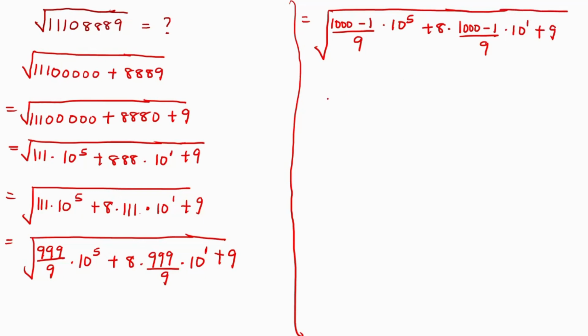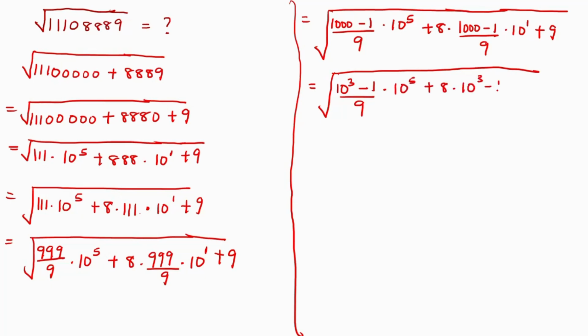Let's put in our square roots. This can be written as 10 raised to the power of 3 minus 1 over 9 multiplied by 10 raised to the power of 5, plus 8 multiplied by 10 raised to the power of 3 minus 1 over 9 multiplied by 10 raised to the power of 1, plus 9.